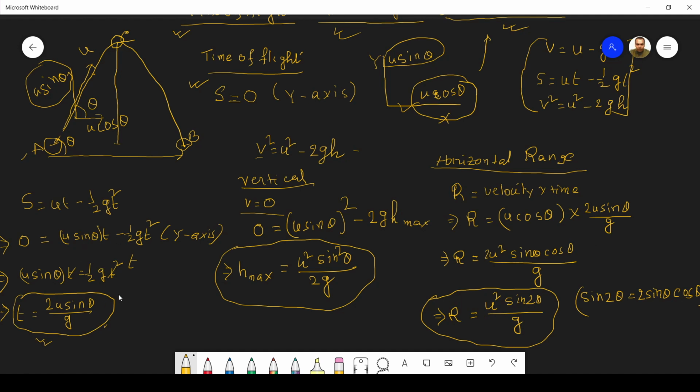So these are the three terms related to projectile motion that we had to understand and calculate: time of flight, maximum height attained, and horizontal range.